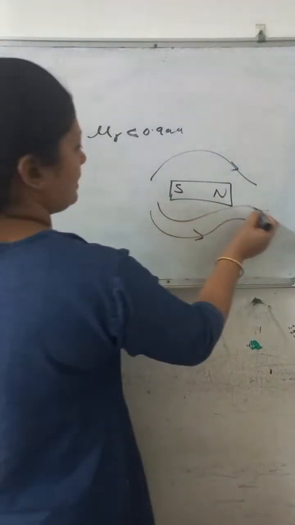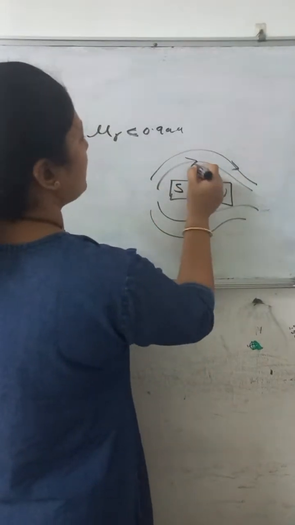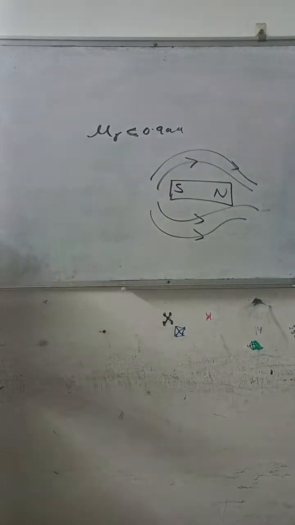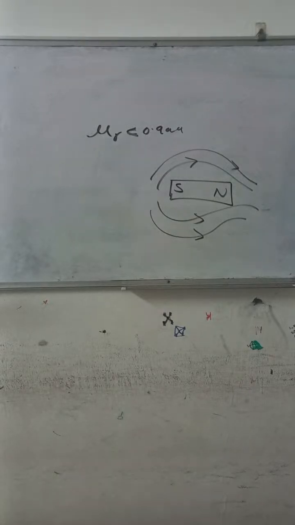And this is the given figure. Now I will repeat the question once more. Which of the following cannot modify an external magnetic field as shown in the figure? Nickel, silicon, sodium chloride, and copper.